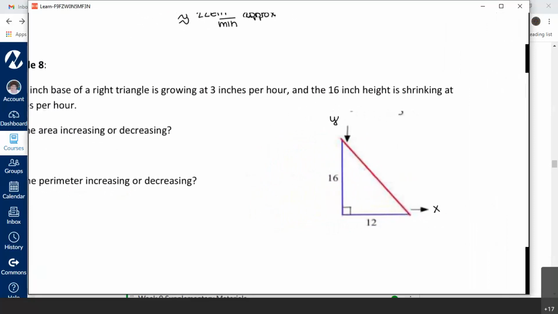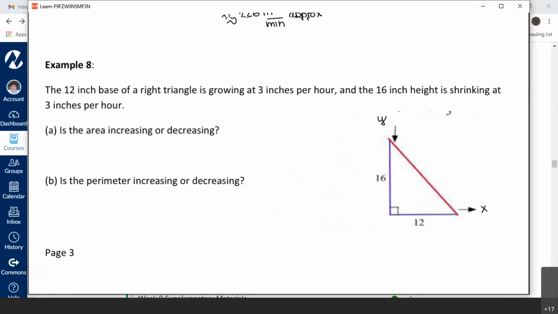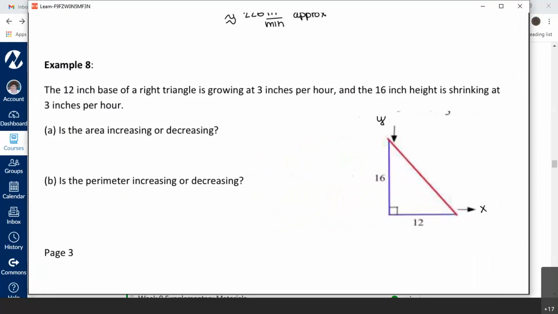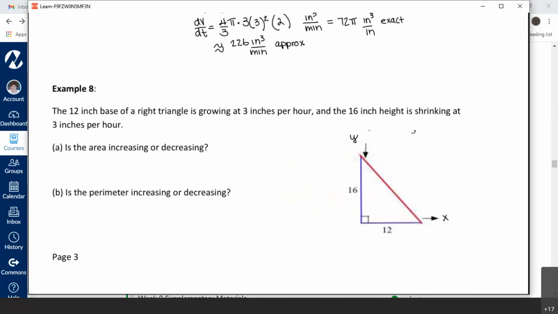So again, if the base is growing at 3 inches per hour, then what do I know? I know that dx/dt is 3. So that's getting bigger as this slides out. And then dy/dt is shrinking, right?